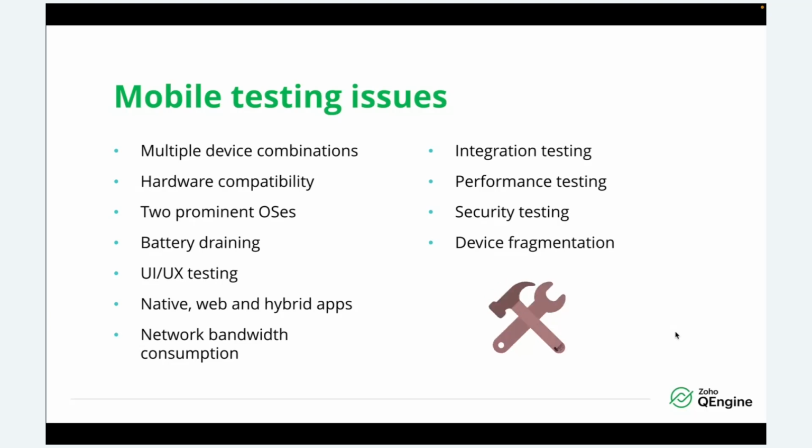So any application which is newly created or newly updated has to be checked to ensure that it works just fine on older devices running an older operating system as well, or a different operating system. So that has to be taken care of, and that is an important test when it comes to mobile application testing.